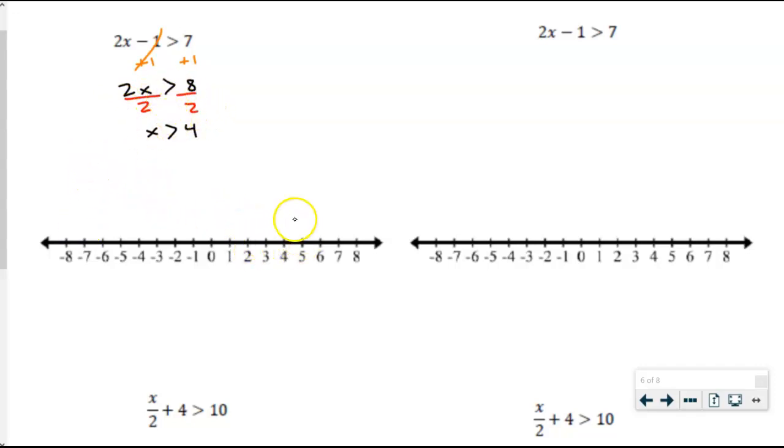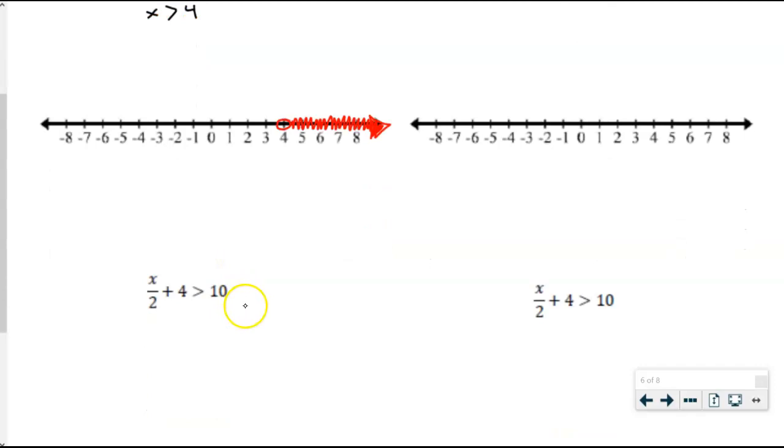X is greater than 4. That means, and I gave lots of greater thans because this is where students forget, greater than 4 means it's not 4, but it is all of the other numbers that are greater than 4, that are bigger than 4. So make sure you're in the habit of graphing, doing the shading, paying close attention to whether it's going to be an open circle or a closed circle.